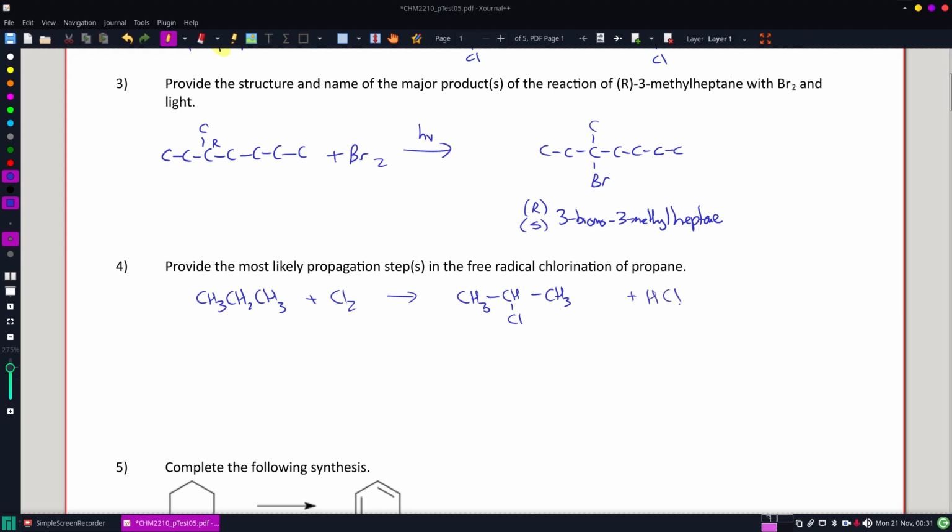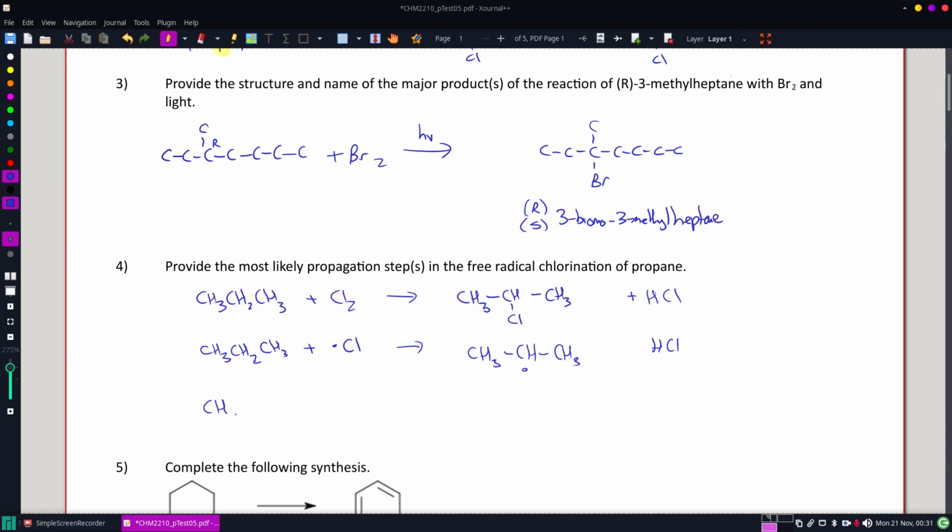Now that's the complete step, but the propagation steps that they're going to want us to have here, we need to show that propane does indeed get attacked by a chlorine radical. The chlorine radical makes the HCl at the expense of the propane, where it becomes a radical.